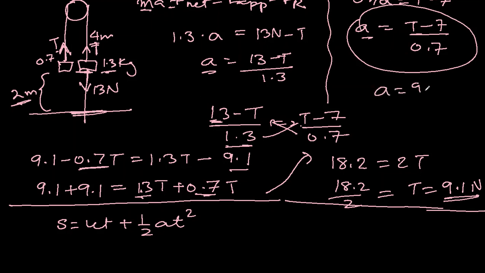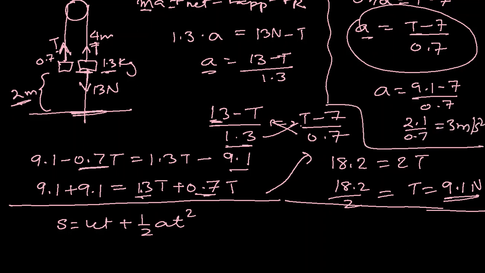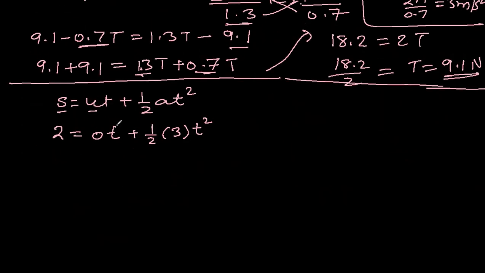A equals, T is now 9.1, so (9.1 minus 7) divided by 0.7. 2.1 divided by 0.7 is 3 meters per second square. Now we have the acceleration, u is 0, and s is 2 meters. So 2 meters equals 0 times time plus half times 3 times t square.